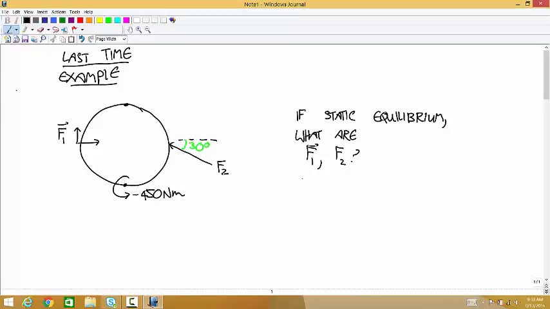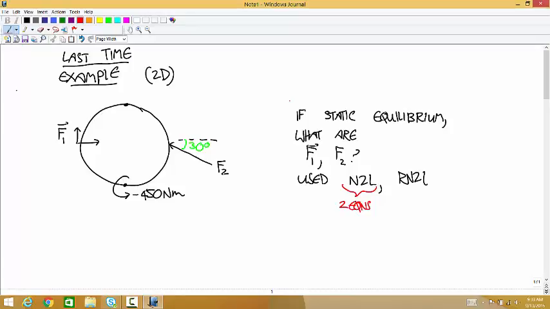And we used Newton's second law and the rotational equation. This is a 2D problem. And in 2D problems, how many equations do you get from Newton's second law? 2. And how many equations do you get from the rotational equation?